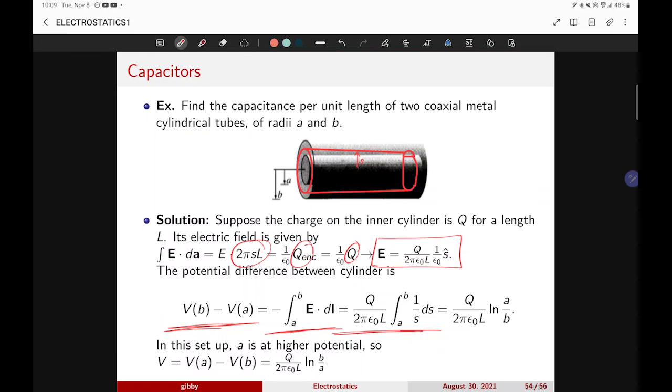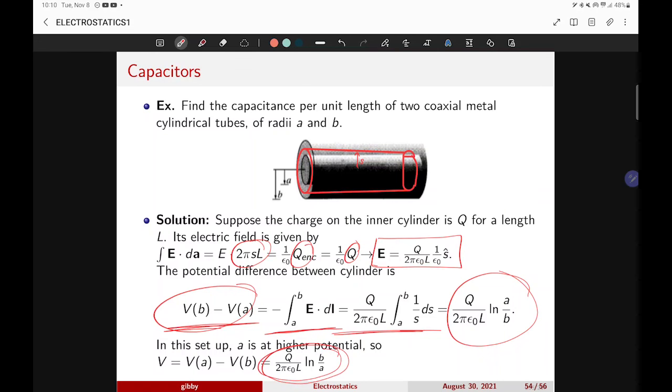Taking the integral of 1 over s, just ln, then you get ln of A over B. So in this setup, you get the potential difference. A is at a higher potential because A is positive, and the outer cylindrical tube is negative. So you get this expression.